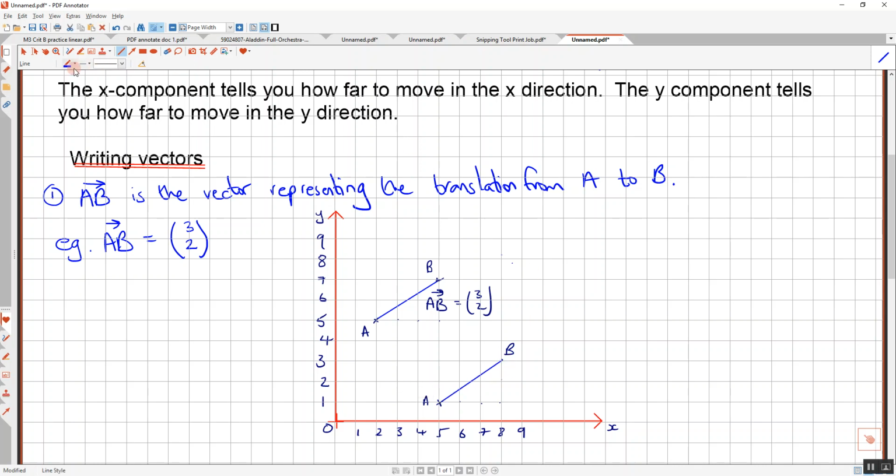And whenever you're drawing vectors, you must, okay, because vectors always have to have direction. So I need to know whether I'm going from A to B or B to A. So to show that I'm going from A to B, I have to put on a little arrow. Okay. Easy enough so far?